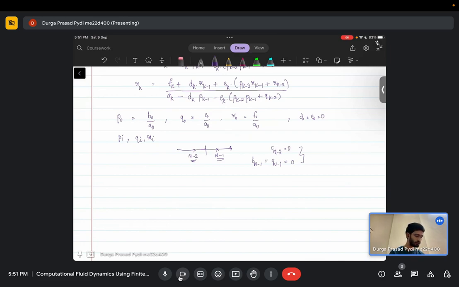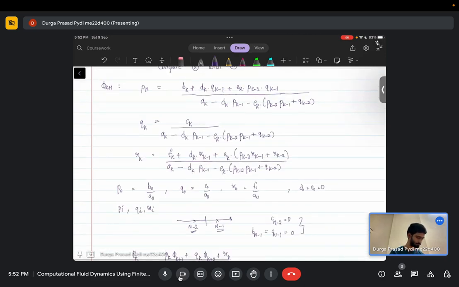Once you get all the values, now you use your original expression: phi k equals pk times phi k plus 1 plus qk times phi k plus 2 plus rk. As we have seen, when k equals n minus 1, both of these will turn out to be 0. So in the pk expression, b is essentially 0, and you won't have any other terms.